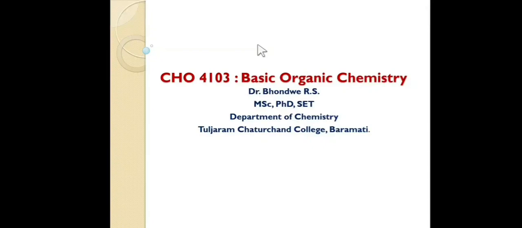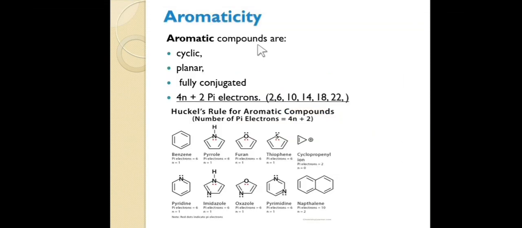Students, today we are going to discuss aromaticity from the paper CHO 4103, that is Basic Organic Chemistry, section first. So friends, in my last lecture we already thoroughly discussed aromaticity, and we know that for a compound to be aromatic, it needs to be cyclic, planar, fully conjugated, and the pi electrons must be in the 4n plus 2 fashion.